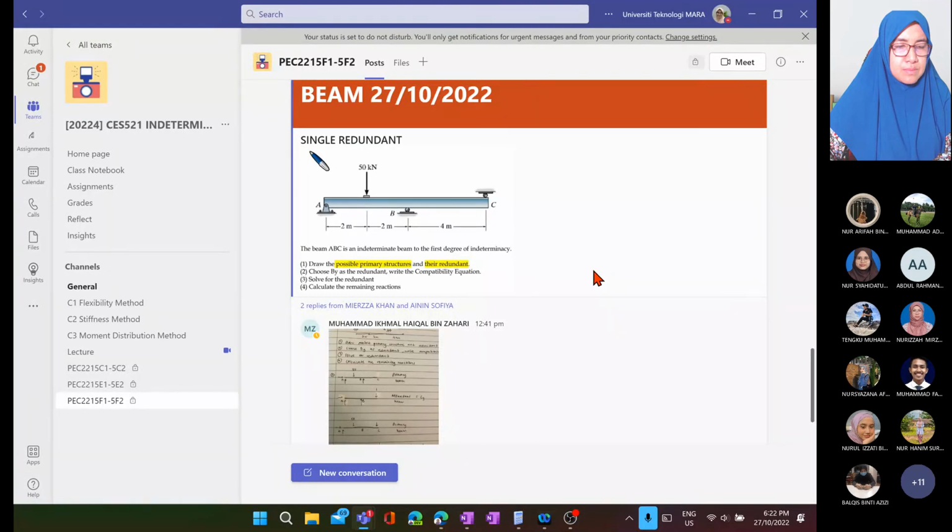For the next session, I will combine all four groups into one session. So do you prefer Teams meeting like this, or is it okay if I plan to do live streaming using YouTube, StreamYard? Which one do you prefer?